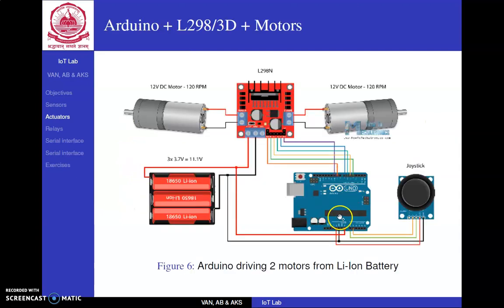Now we have the Arduino and the L293 or L298 based motor driver board. This is supplying the power to the motor, and these are lithium ion batteries, each battery is 3.7 volt. It will give you approximately 12 volt, 11.1 volt, and these motors will be fed from this supply, and the Arduino will be generating the control signals for the direction and speed.